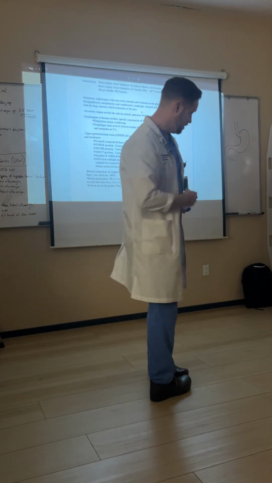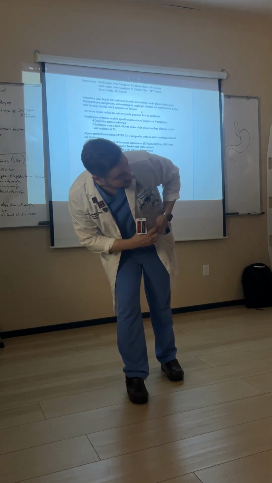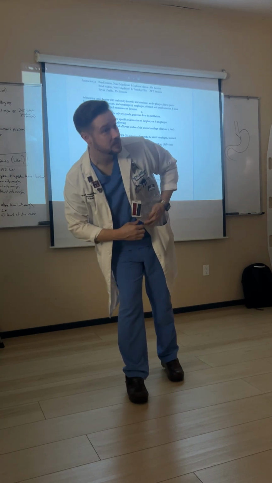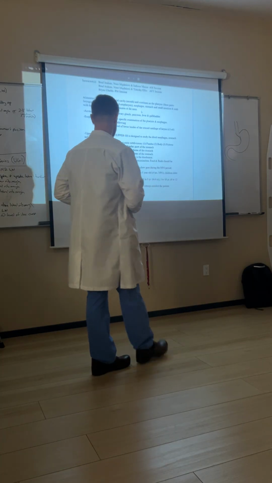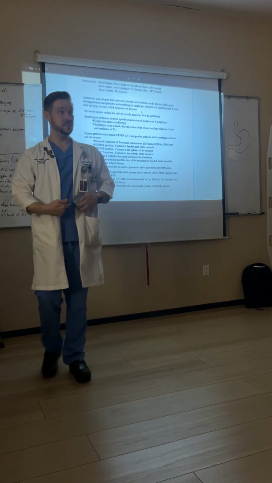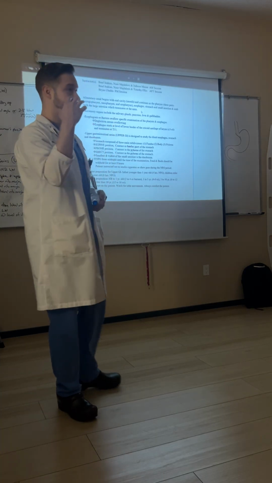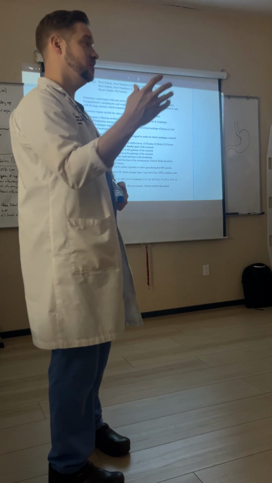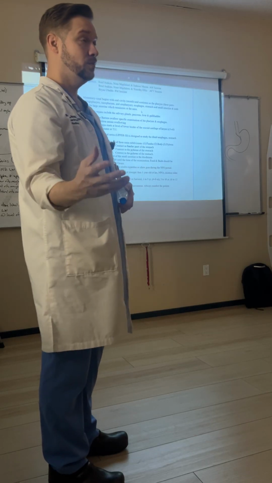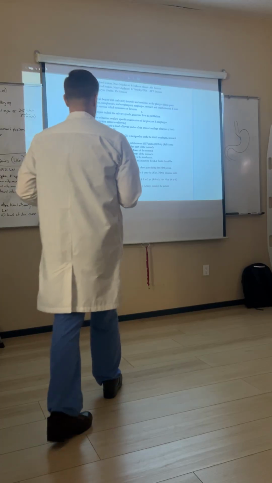When I'm lying on my stomach, the contrast media flows into the pylorus, okay? If I am upright, the contrast is in the pylorus, okay? You got to think about where parts of the stomach are and where the dependent portions are in relation to how the patient is positioned, okay?